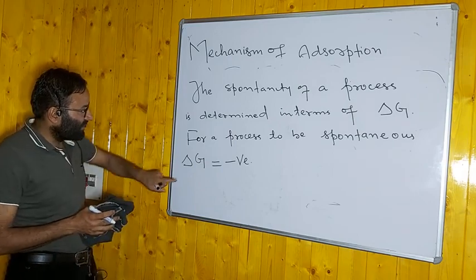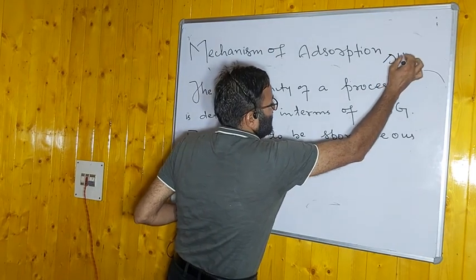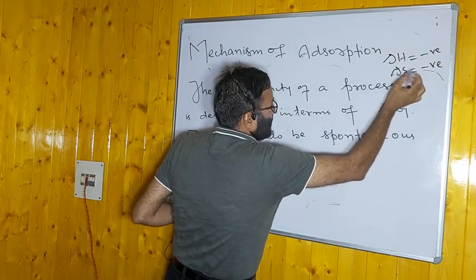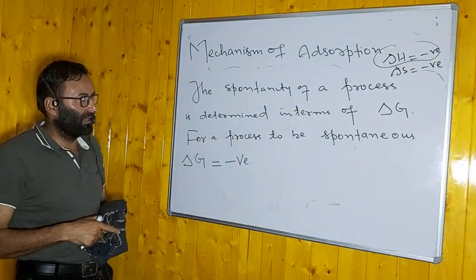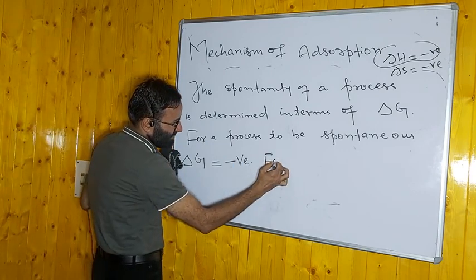Now for the negative value of delta G, you know here delta G is negative, delta S is also negative. What should be the condition? Delta H should have a sufficiently high negative value than delta S. You can mention this point.